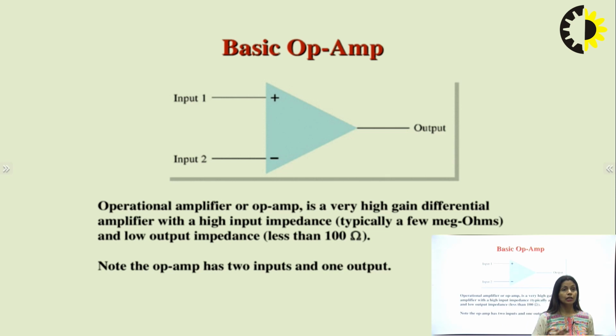It has very low output impedance, approximately equal to 0, infinite common mode rejection ratio, and infinite slew rate, that is change in output voltage with respect to the time. These are some qualities of the OPAMP, so that we can use it very frequently in our electronic devices or electronic circuits.